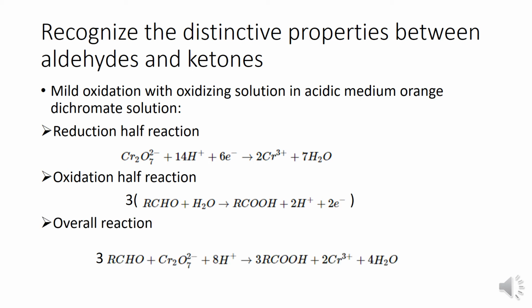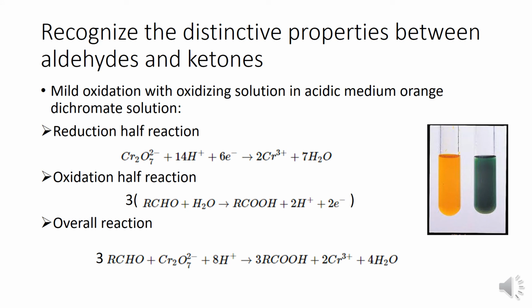The overall reaction will be 3RCHO plus Cr2O7 2- plus 8H+ to get the products 3 carboxylic acid plus 2Cr3+ plus 4H2O. Here the orange color of the dichromate becomes green because of the formation of the Cr3+.